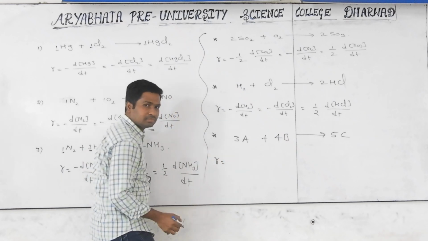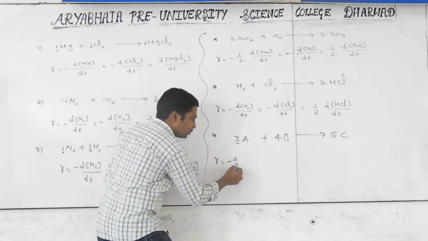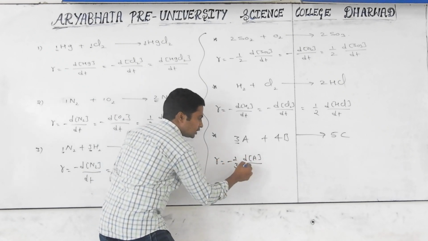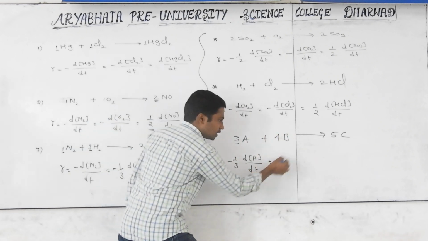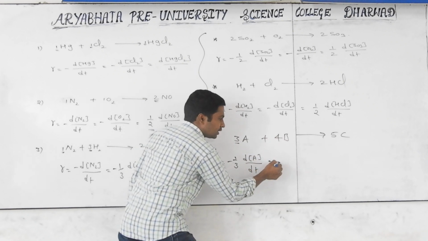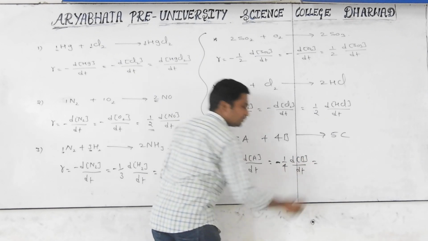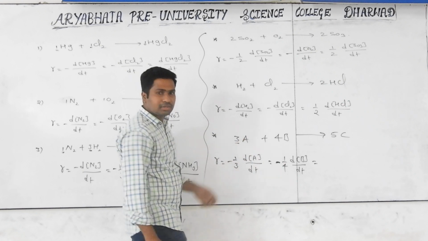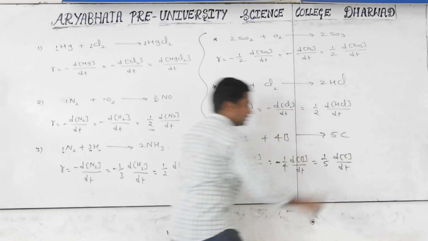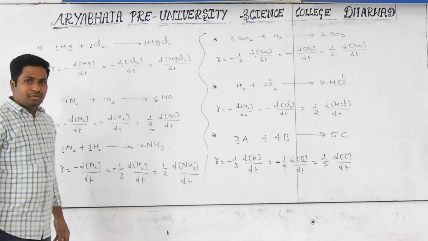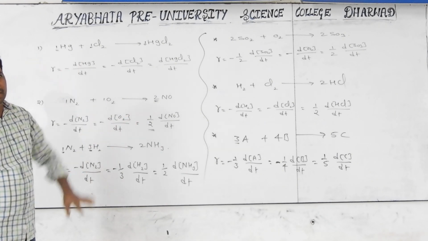R is equal to minus, the coefficient 3 becomes the reciprocal 1 by 3 into change in concentration of A by time change, is equal to, B is also a reactant, so minus, and 4 will come like 1 by 4 into change in concentration of B by time change, is equal to, no need for a sign because it is a product, 1 by 5 into change in concentration of C by time change. That's it. Is everyone clear? This is very, very important. If you understood this, then we can solve many questions in the competitive exams as well as theory.